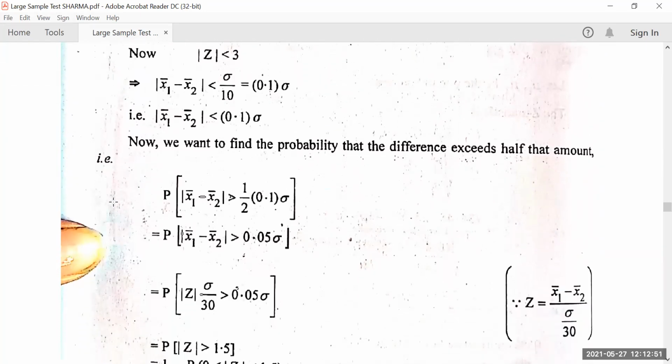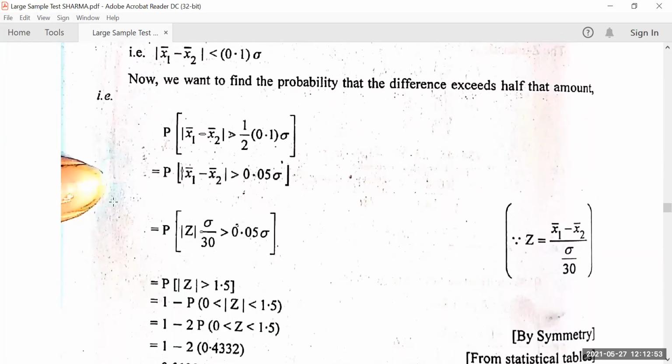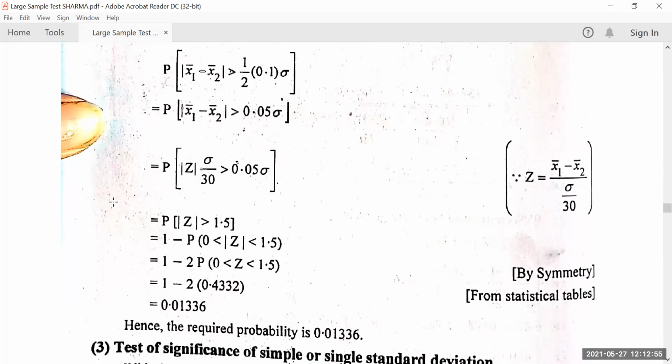So I'm rectifying this question. When we want to find the probability of mod of z greater than 1.5, we have converted it into its complement, 0 less than mod of z less than 1.5.